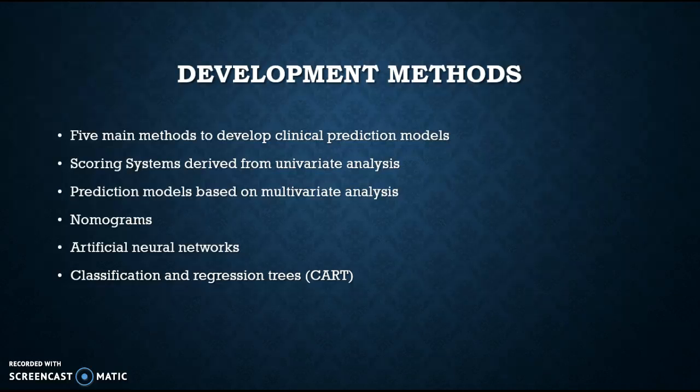So there are five main methods to develop clinical prediction rules and clinical prediction models. One are scoring systems, which are derived from univariate analyses. Two are prediction models based on multivariate analyses. Three, nomograms, then artificial neural networks, and classification and regression trees. Scoring systems look at the final score, and that's used to indicate the likelihood of the outcome.